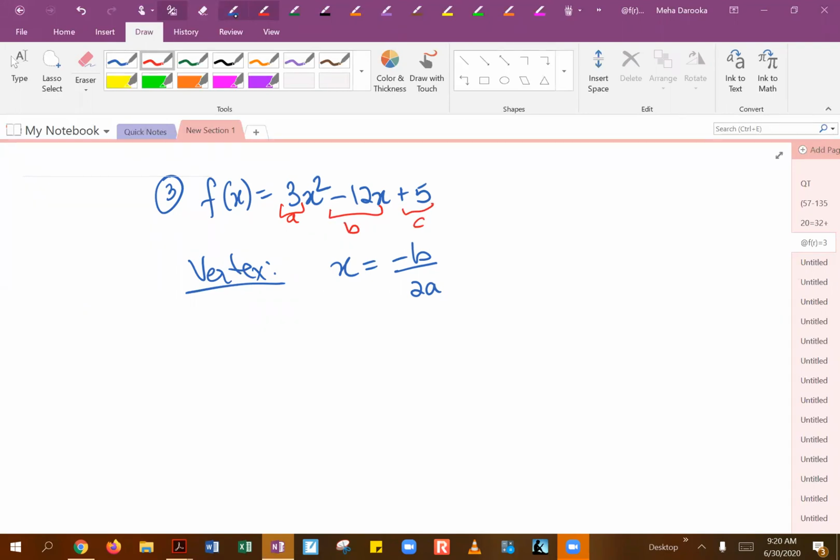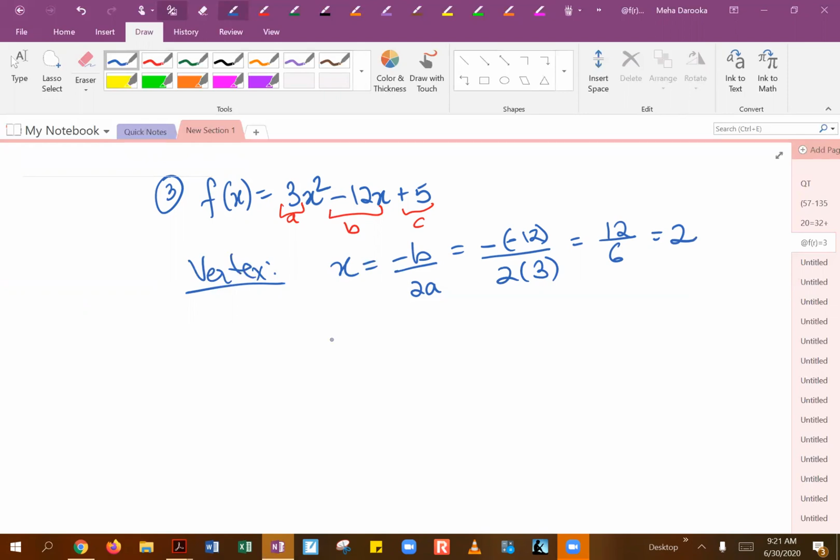So since they are asking us to do negative b over 2a, our b value is negative 12, a is positive 3. So just be careful, because now we have a negative sign coming from the b itself. We have a negative sign from the formula. So the two negatives will become positive. Of course, 2 times 3 will become 6, which will give you the value of 2.